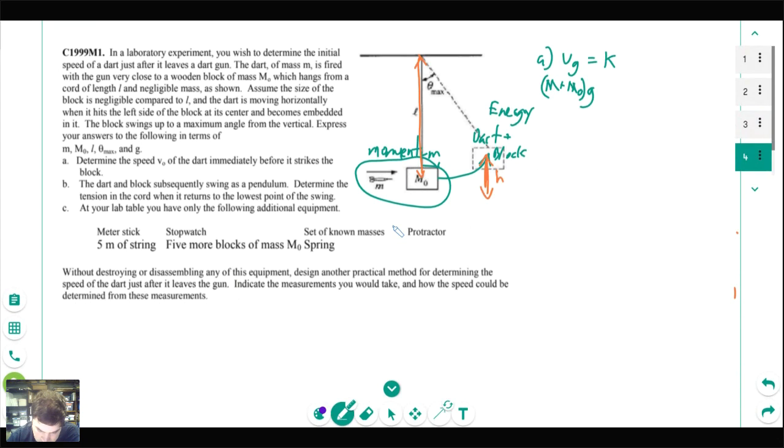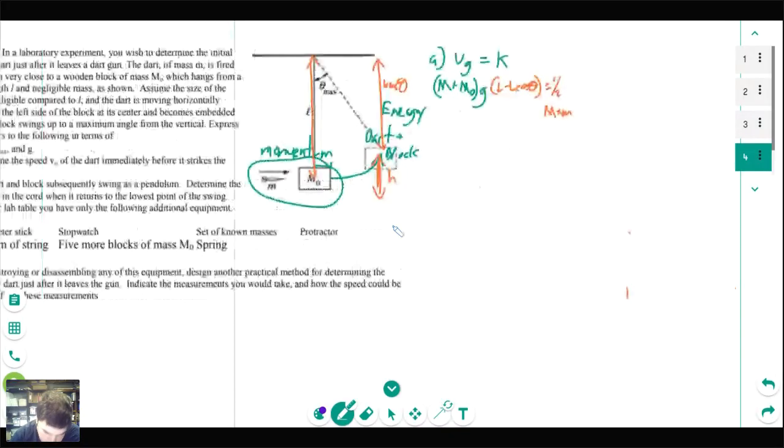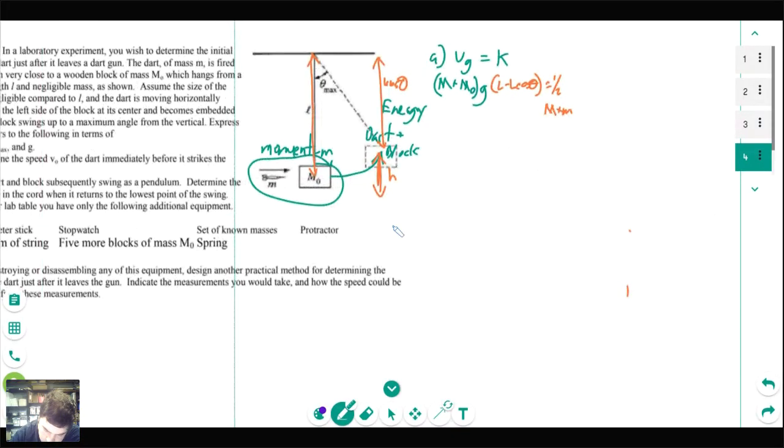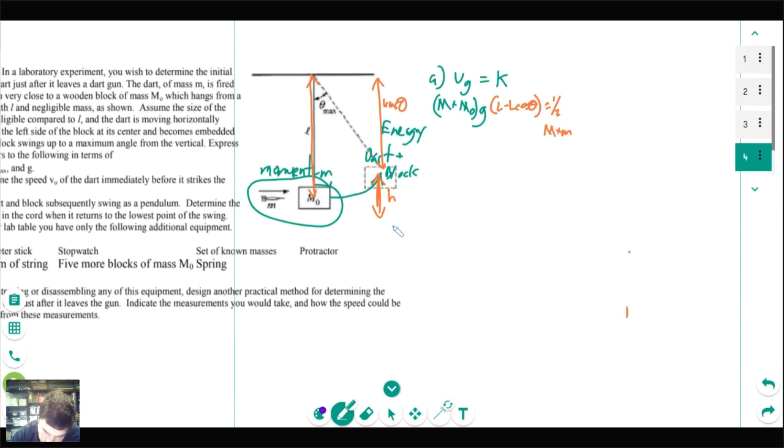At this part, it's only L cos theta, which means that our change in height must be L minus L cos theta. And that must be equal to our 1/2 (m plus m naught) v squared, where v is what we're looking for here.